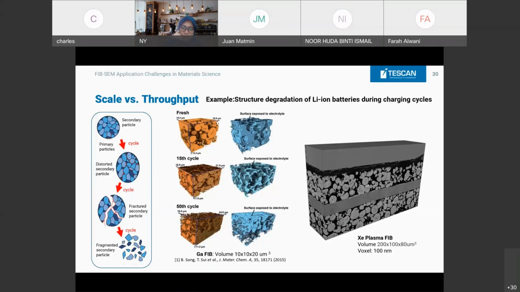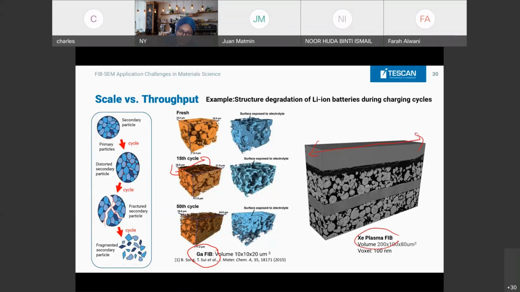Simultaneous characterization of the structure, the chemical compositions, and elemental distribution in the lithium-ion battery is always the aim. So I just want to show you the gallium FIB performed here. Due to the small opening, it can only resolve limited structure compared to the plasma FIB here with a very large opening.